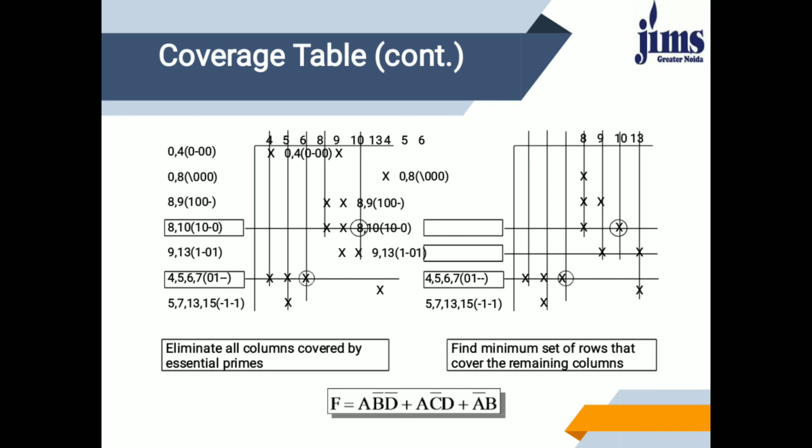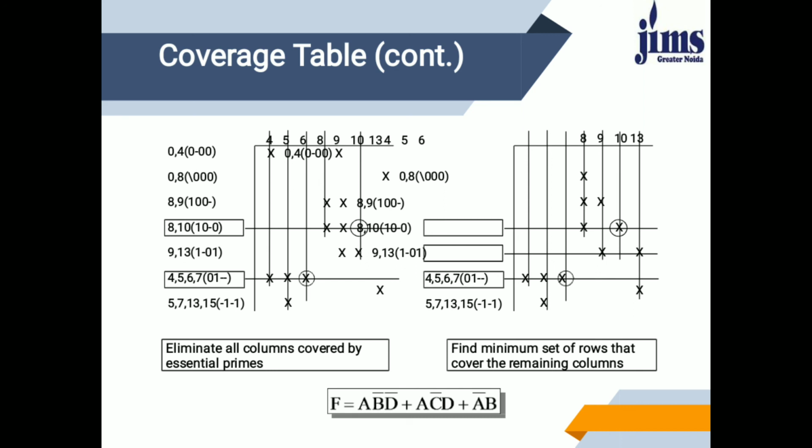Now you can check that 8, 10 and 4, 5, 6, 7 are prime implicants that cover approximately all the terms. So with 4, 5, 6, 7, three terms are covered. Using 8 and 10, two more are covered.